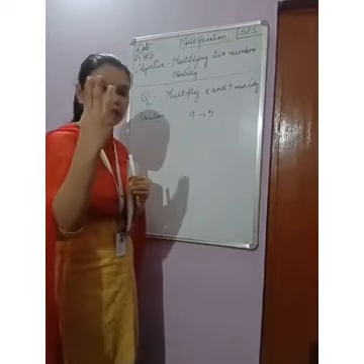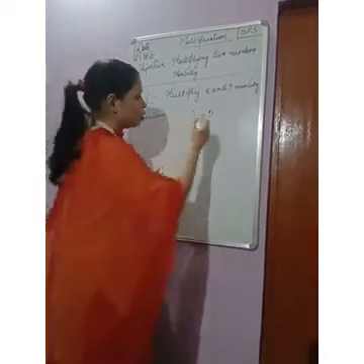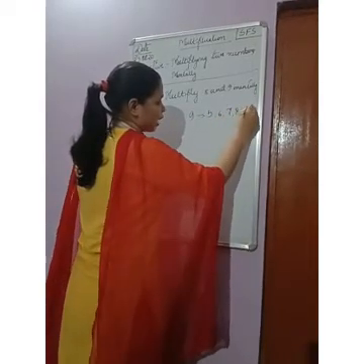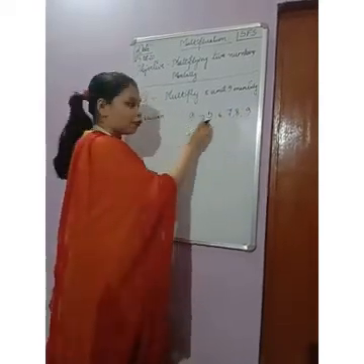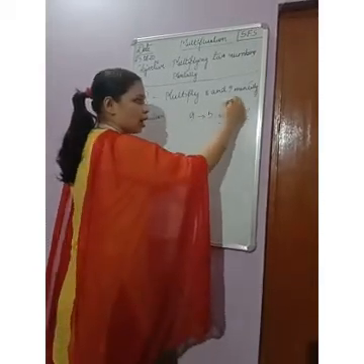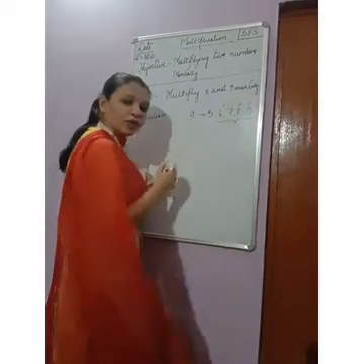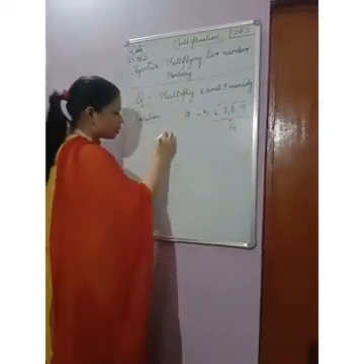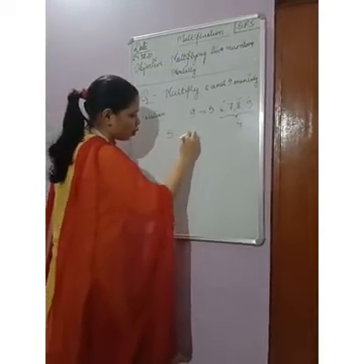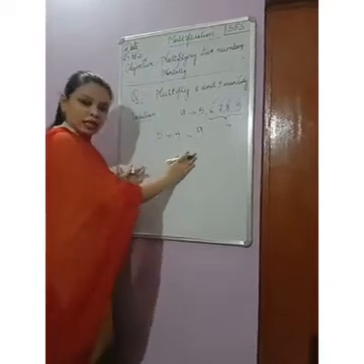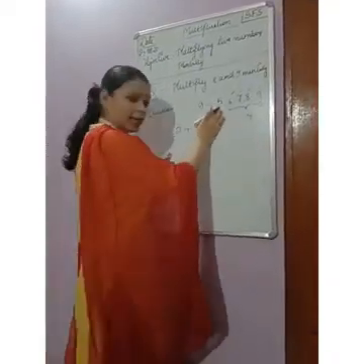So how many numbers are there? 4 numbers: 6, 7, 8, 9. That means from 5 to reach 9, how many numbers are required? 4. 1, 2, 3, 4. That means 5 plus 4 equals how much? 9. Till here understood? Okay, we are breaking the number.